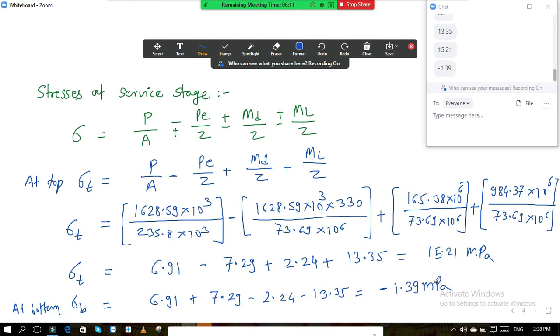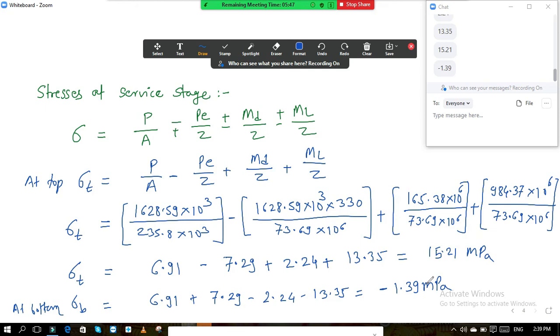Okay, so these are the stresses at service stage. Now verify whether these values are correct. So here our problem ends.